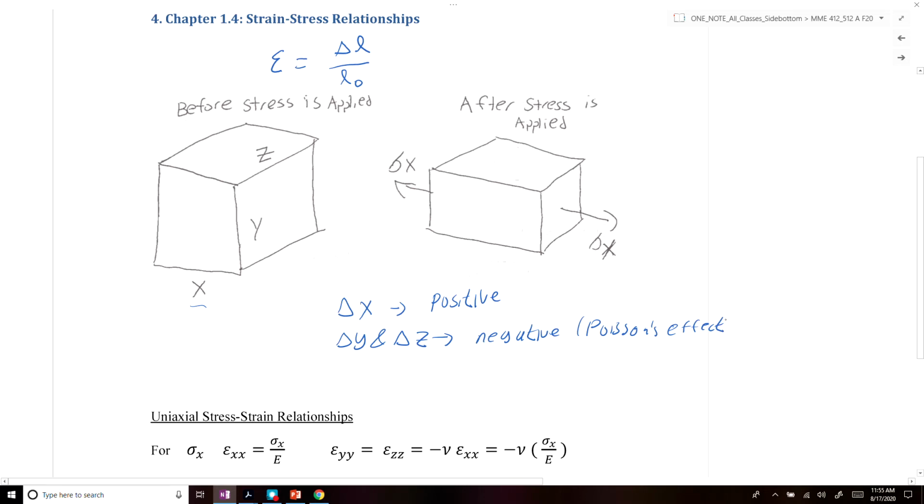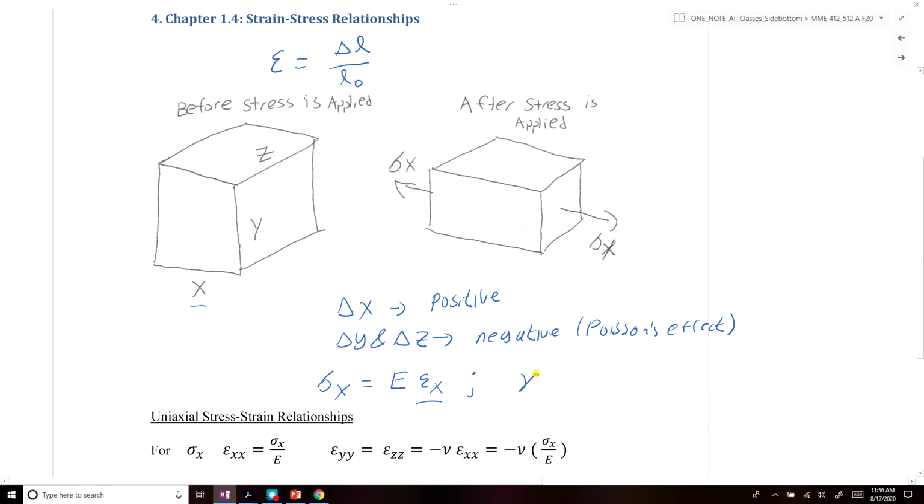Okay. So we can use Hooke's law. We can say that sigma x is going to be equal to the modulus of elasticity of our material times the strain along the x-axis. And we know that we can relate the strain in the y and the z-axis to the strain in the x-axis using the Poisson ratio.